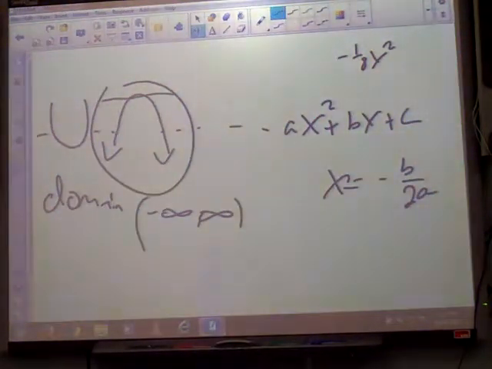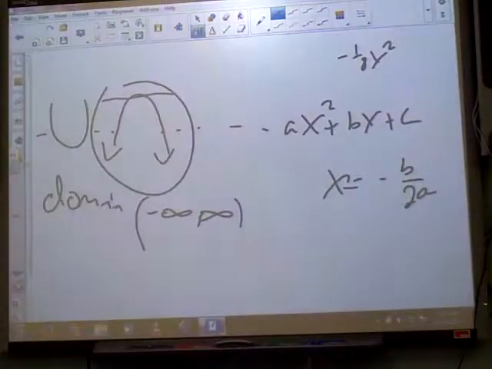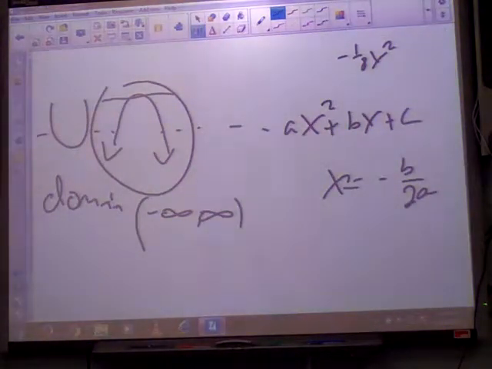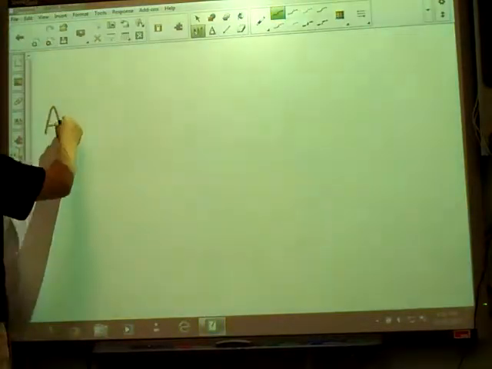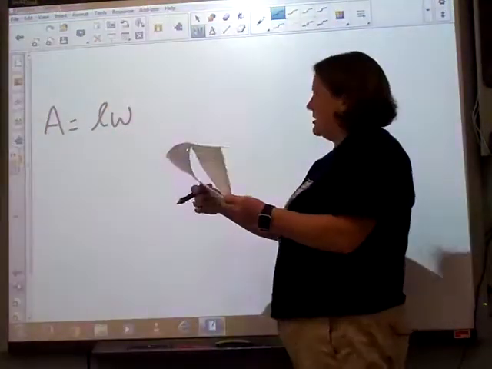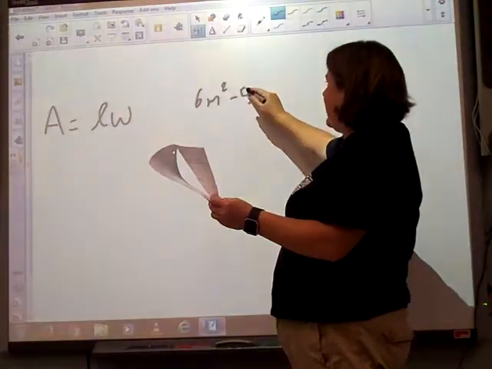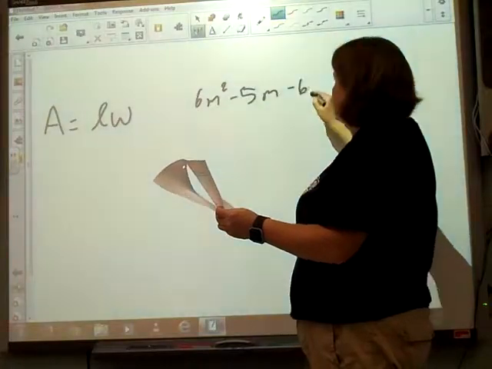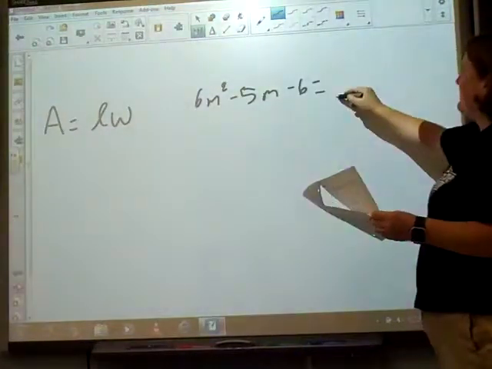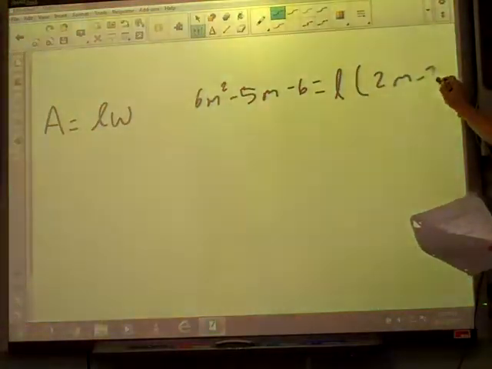Alright. 14, you had on your bell ringer, exit question yesterday. I won't work it all the way through unless you want me to, but I do want to talk about it real quick. The area of a rectangle is length times width. That gives us our area, 6m squared minus 5m minus 6, is equal to, we're trying to find the length, and the width is 2m minus 3.